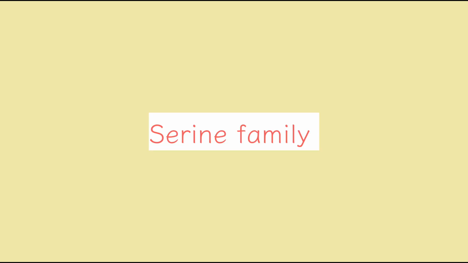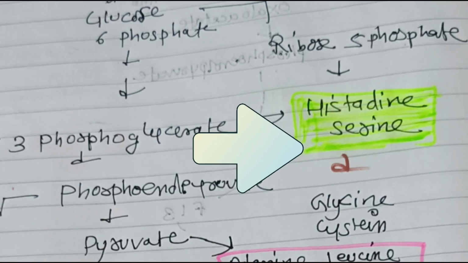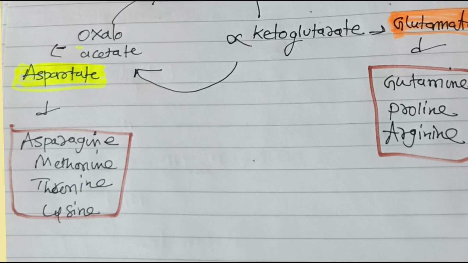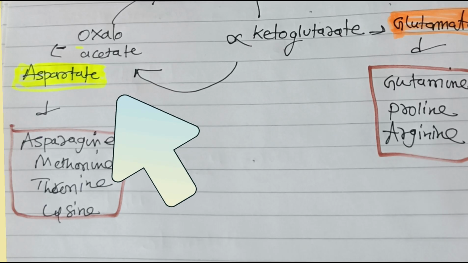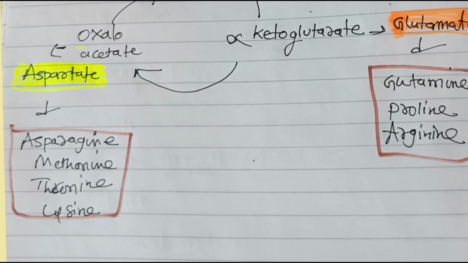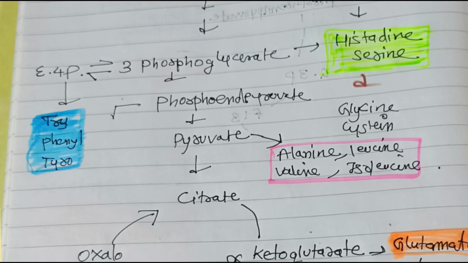Then serine family, these are the members of the serine family. Here serine, glycine and cysteine derive their carbon skeleton from glycerate 3-phosphate. Then aspartate family, here the aspartate family includes aspartate, asparagine, lysine, methionine and threonine, and they derive their carbon skeleton from oxaloacetate. Then there is the pyruvate family.